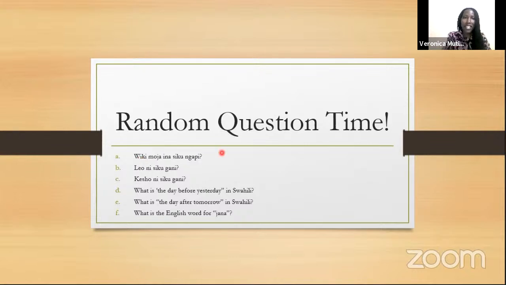So I want us to analyze this and see if we are going to get it. So wiki is week. And then moja is? Moja is first or one. Yes. Moja is one. So ina, when you say ina, you're saying has. So wiki moja ina siku ngapi? Siku, Frank, what do we say siku is?